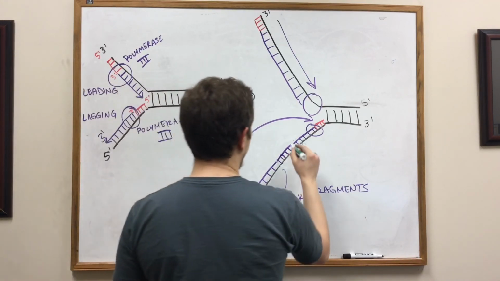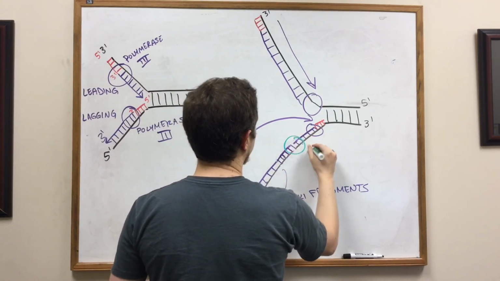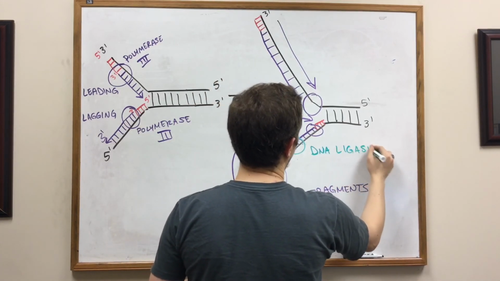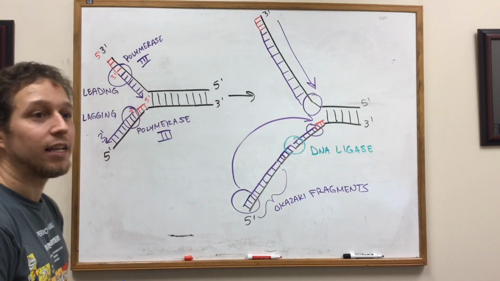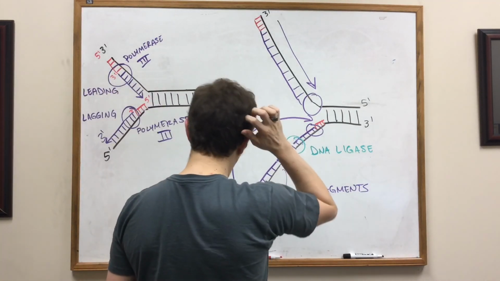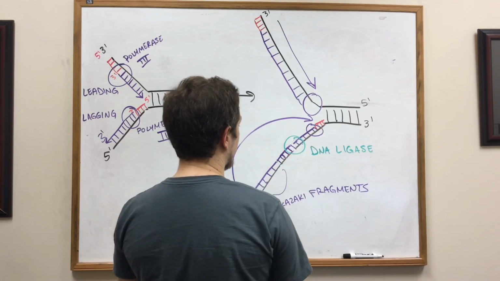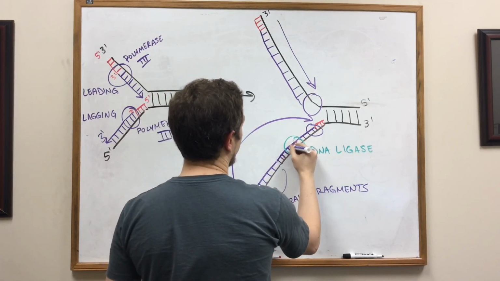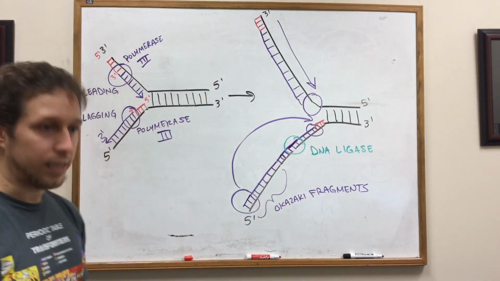And this particular enzyme is called DNA ligase. It's called DNA ligase. Okay? So DNA ligase is the enzyme that swoops in, and it's ultimately going to link together those fragments of DNA.